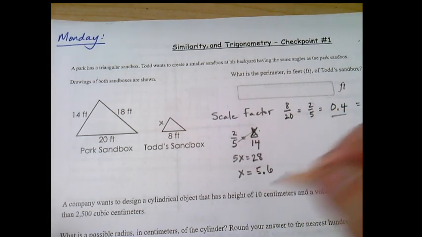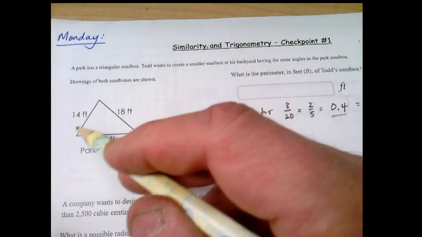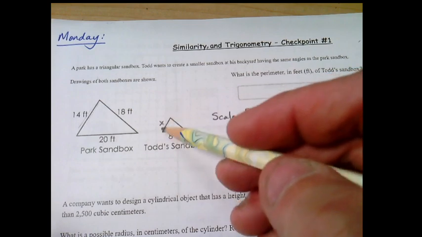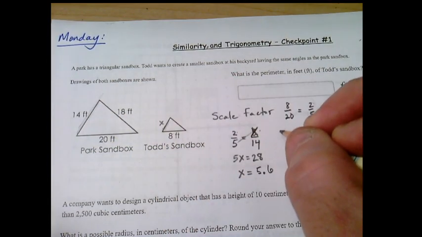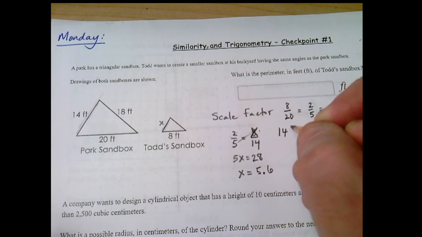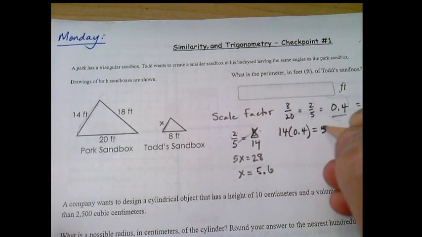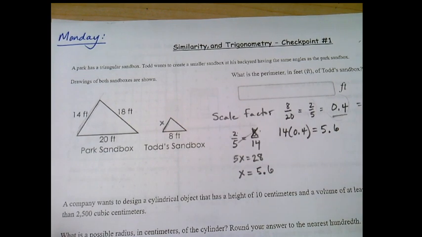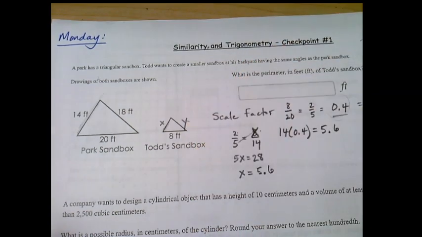Now, you could have done the same thing if you would have taken this 0.4 and multiplied it by 14, because this length here, remember, is 40% of that length right there. So in your calculator, if you take 14 times 0.4, I'm pretty sure you're going to get that 5.6, okay? In fact, I may do that same thing for the y value over here.